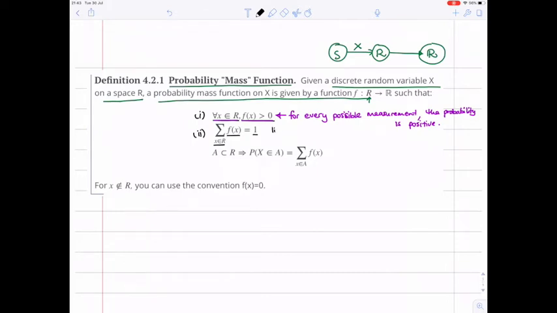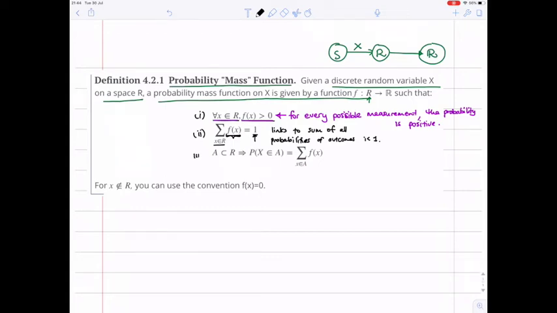So this links to the sum of all probabilities of all outcomes is 1. So that's all we're really saying there. If you sum up the probability of every possible outcome in your sample space, then you must end up with a total of 1.